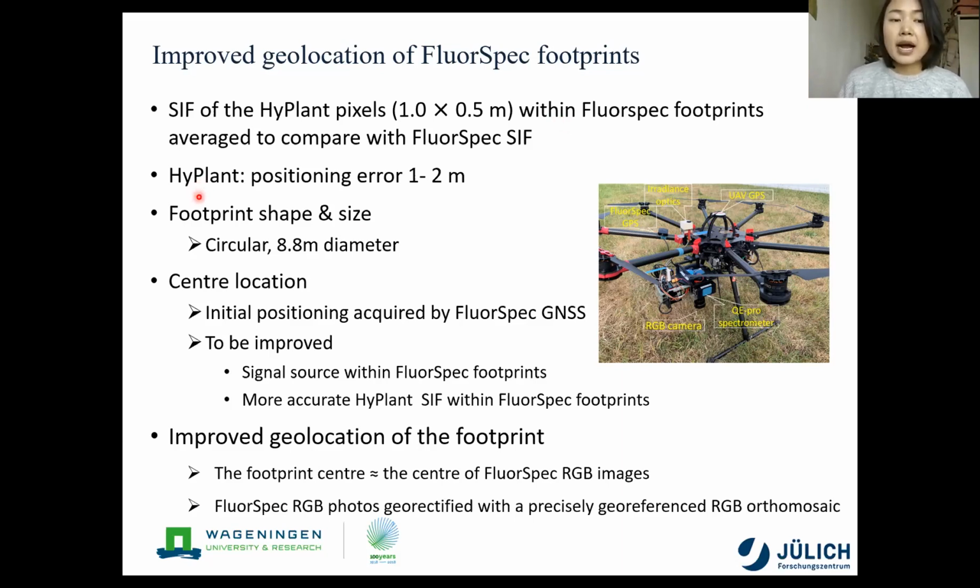For HyPlant data, it was already georeferenced before the HyPlant SIF maps were generated, and these maps have a high geometric accuracy. The positioning error was 1 to 2 meters.